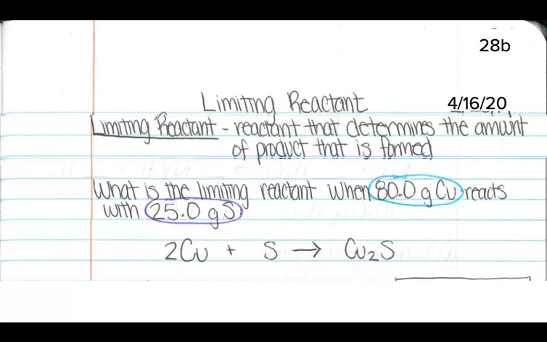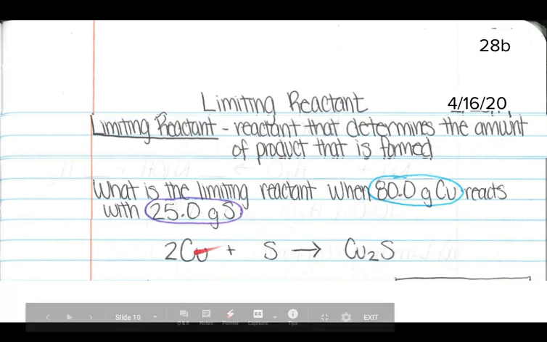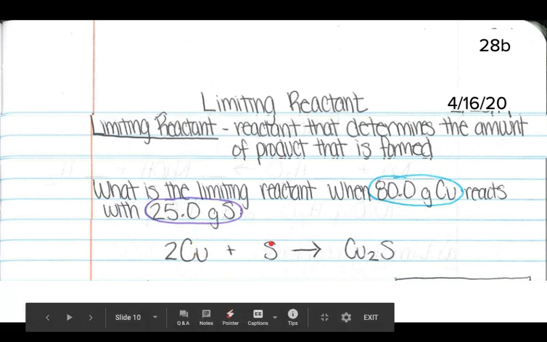So we're going to have to convert to moles, and use this chemical reaction to relate them to each other. In the end, we're going to see how much product can be created from each amount of beginning reactant.